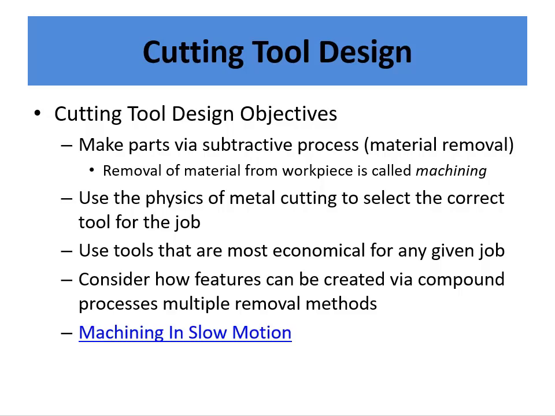The other thing is we have to understand what the most economical tools are for the job. So if we have some job, and let's say it's a $1 million job, so we're going to get $1 million for this job, and that's what we're going to walk away with.